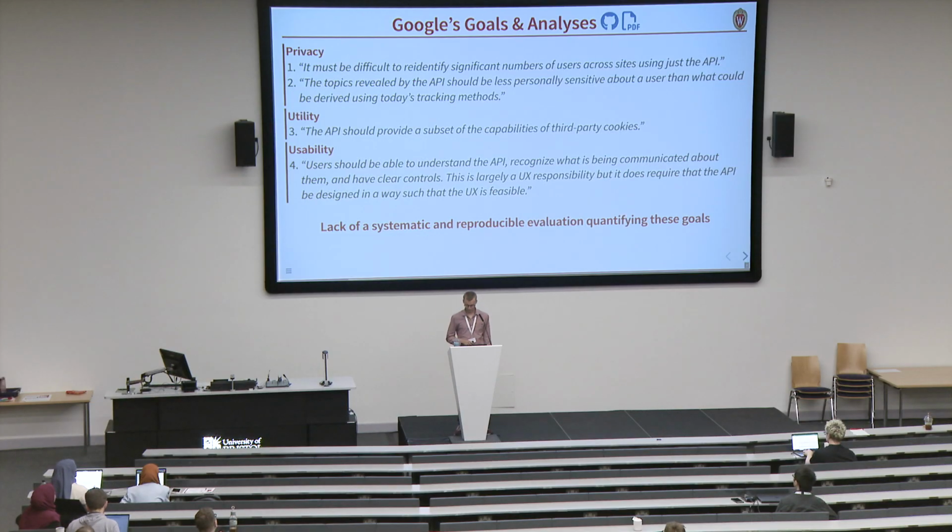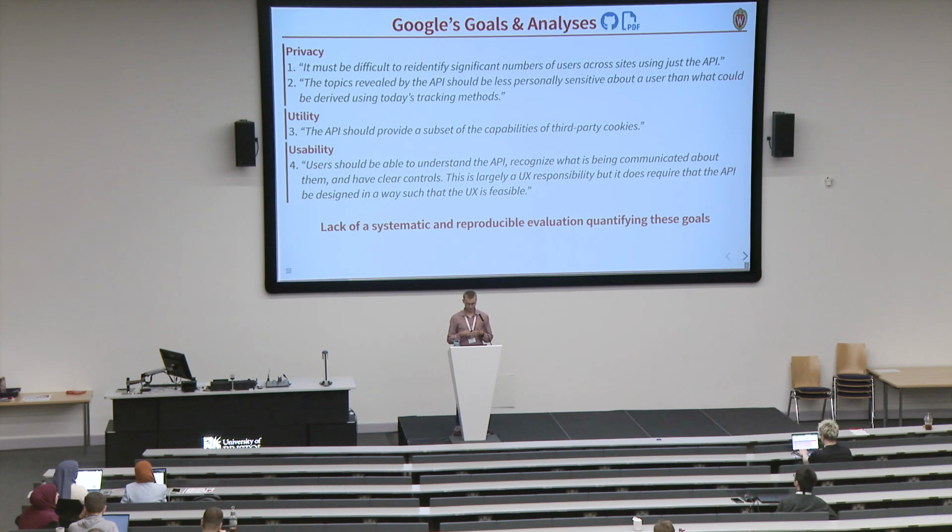However, in the initial white paper and in the evaluation performed by Google when the proposal came out, Google itself failed to quantify their own goals. For instance, for the privacy aspect, they only considered the information leakage in that first white paper, and they only reported aggregated and average metrics, when we know that in privacy, we want to see the full distribution of those metrics across the full population.